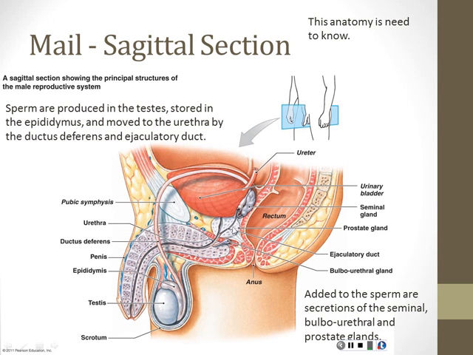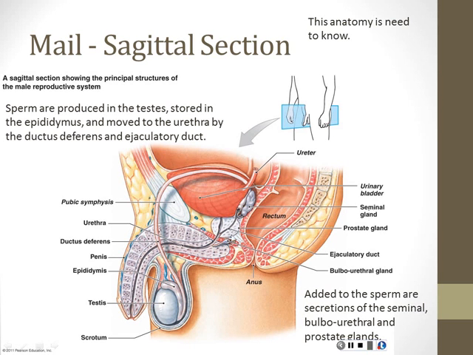So we have a passage through the prostate gland. And then here's the bladder that we talked about in the unit before. Here's the urethra that comes down through. This ball-shaped gland here is the prostate gland, which also contributes secretions to the urethra.